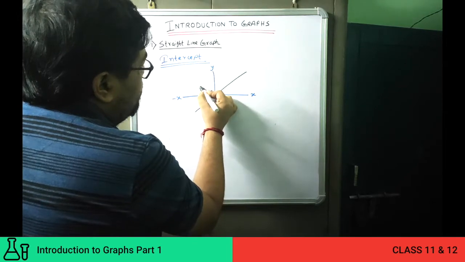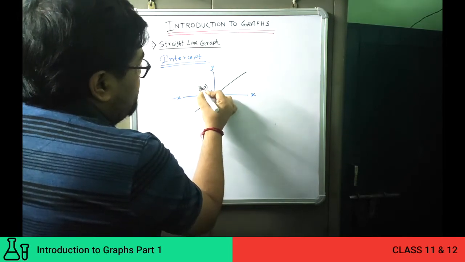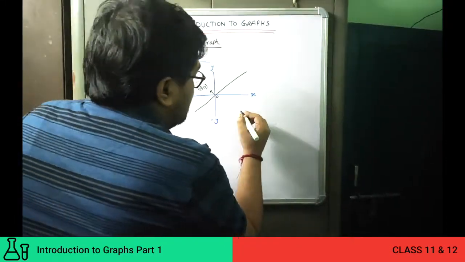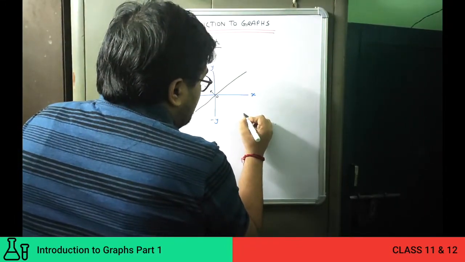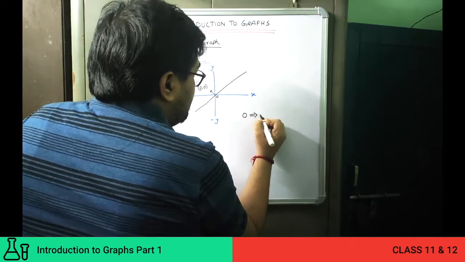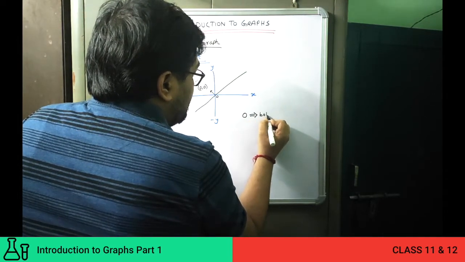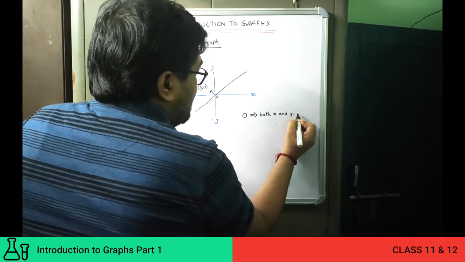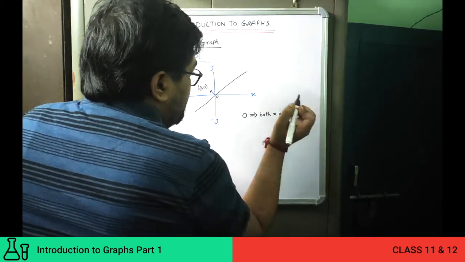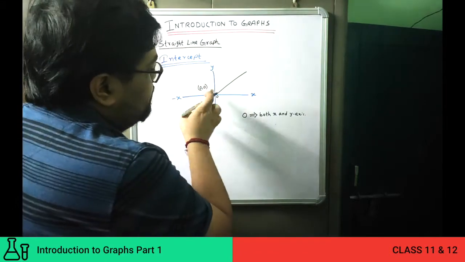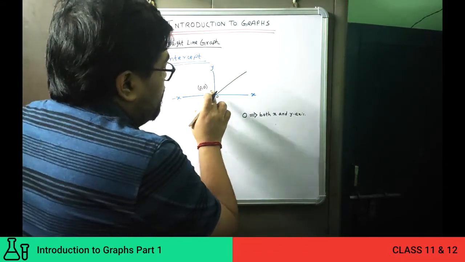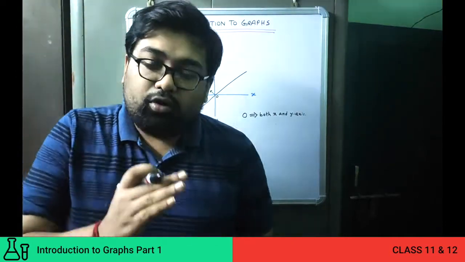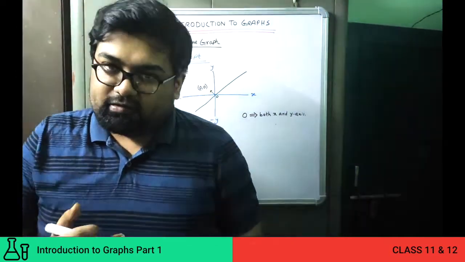I have already told you that this coordinate is 0, 0. So, we can conclude that the intercept value is 0 with respect to both x and y axis, since this line is passing through the origin.